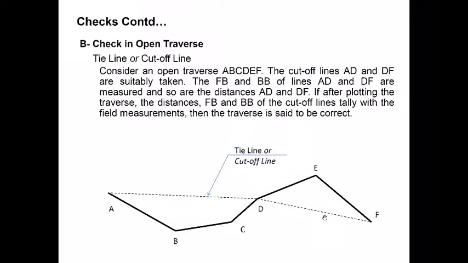If they match with your calculations on paper, that means the check is working and your work is correct. Otherwise, there is some error somewhere and you'll have to redo some of the work. So this is how a cutoff line or a tie line can help you in figuring out if the work that you are proceeding with is actually correct or not.